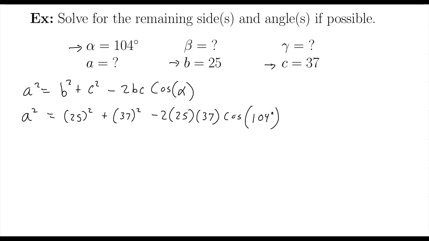That's a lot to type in my calculator, but I will go ahead and do that now. So 25 squared plus 37 squared minus 2 times 25 times 37 times cosine of 104, close my parentheses. Make sure the calculator's set in degree mode. Probably should have done that before I typed all that in, but it is in degree mode.